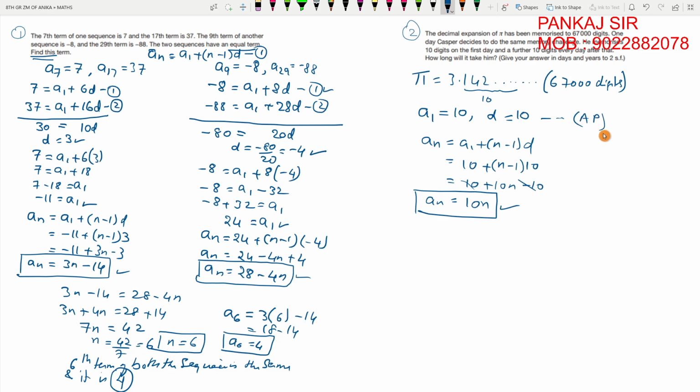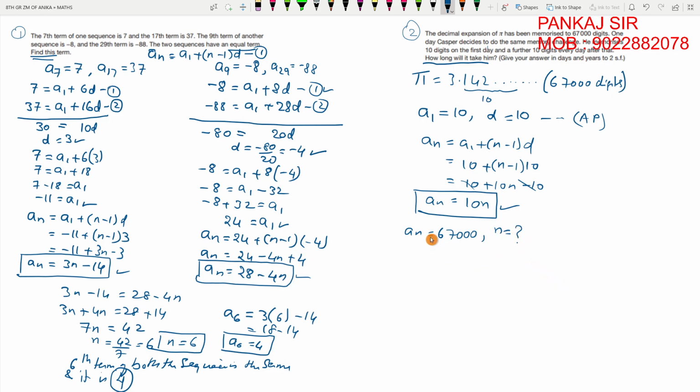Now let us see what the question says. The question says, how long will it take him to memorize the entire digits? So how many digits are there? 67,000. So when an is equal to 67,000, what should n be equal to?